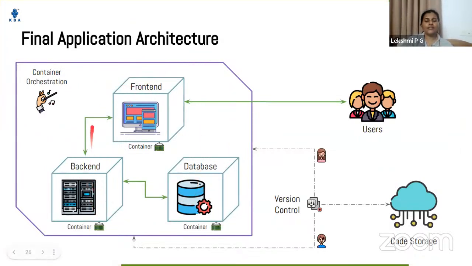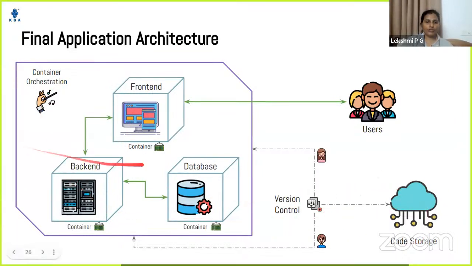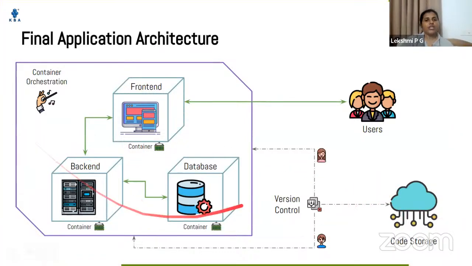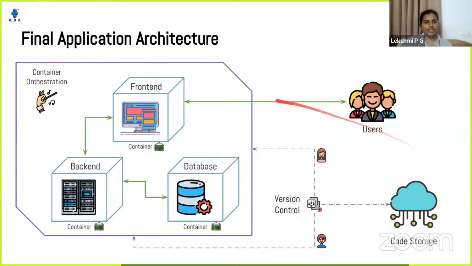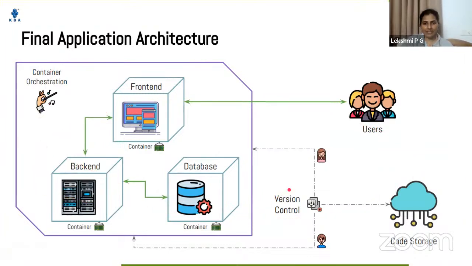For the programmer, all this programming can be made easy with the help of version control tools like Git, and with the cloud. Code storage can be done using the cloud, and the hosting can be done using the cloud. This is the final architecture of a web application.